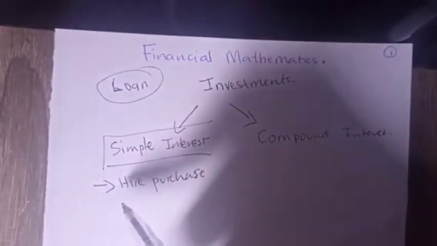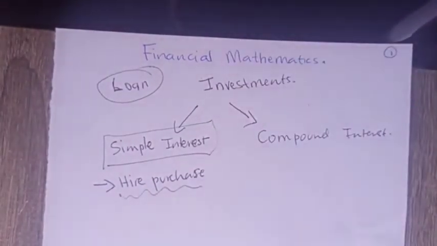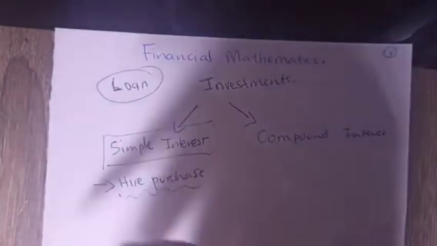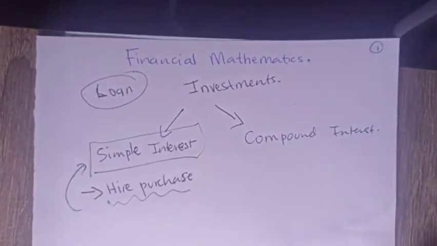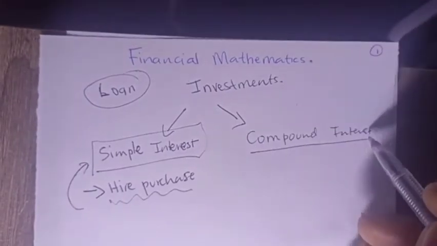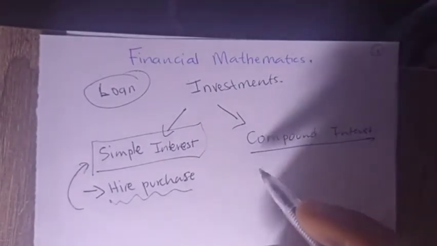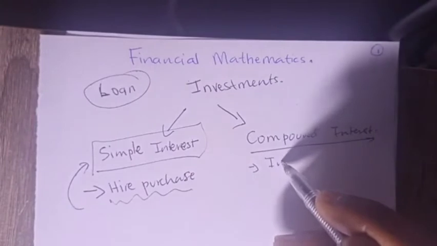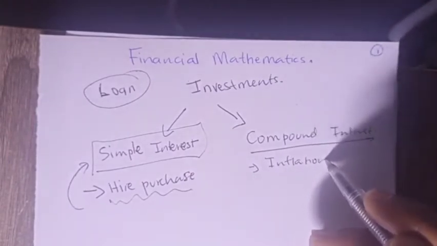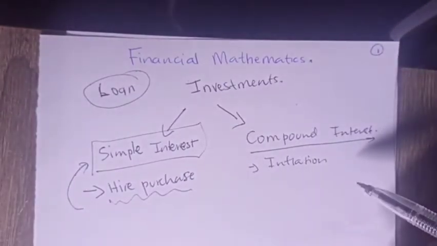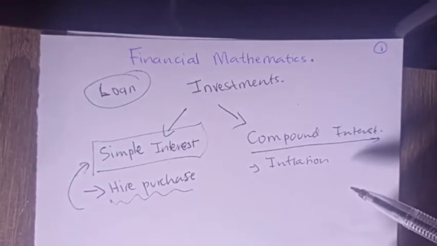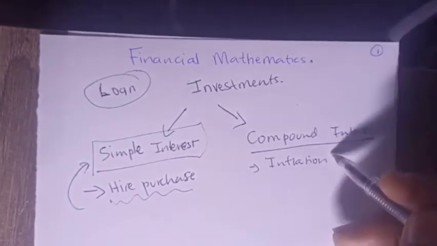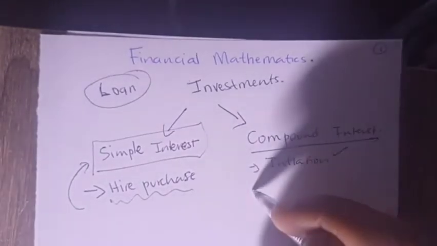So once you read the statement and you see this word, you know that you're going to use which formula? The simple interest formula. And then compound interest, when they tell you about inflation, increase of prices, they tell you that oil is increasing, the price of petrol, that's inflation. We're going to use the compound interest formula.